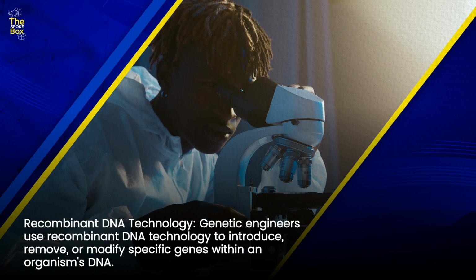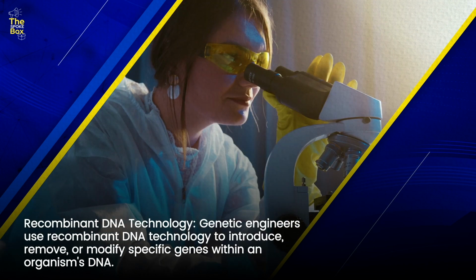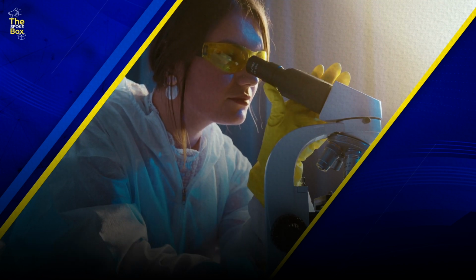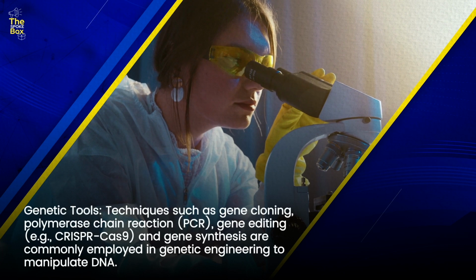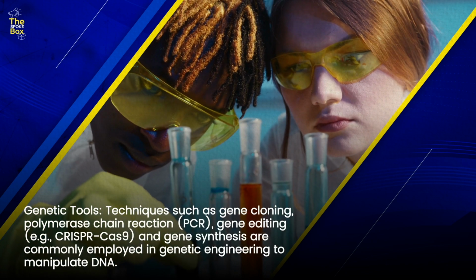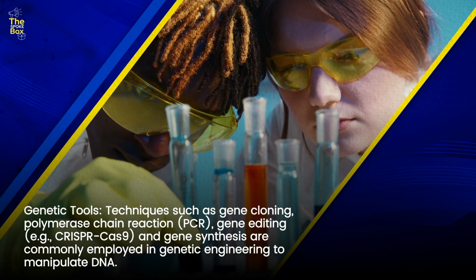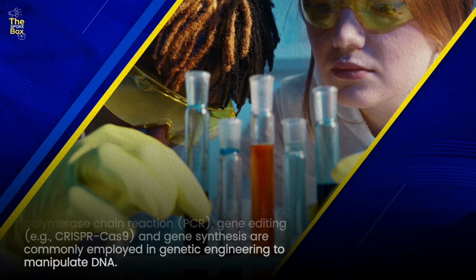Genetic engineers use recombinant DNA technology to introduce, remove, or modify specific genes within an organism's DNA. Genetic tools. Techniques such as gene cloning, polymerase chain reaction, PCR, gene editing, e.g., CRISPR-Cas9, and gene synthesis are commonly employed in genetic engineering to manipulate DNA.